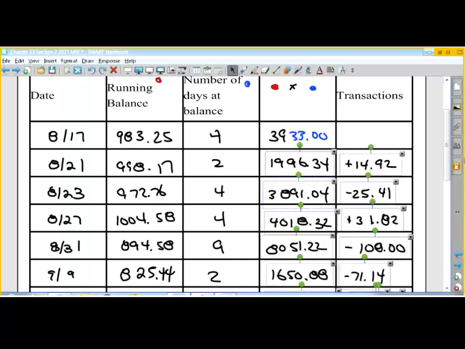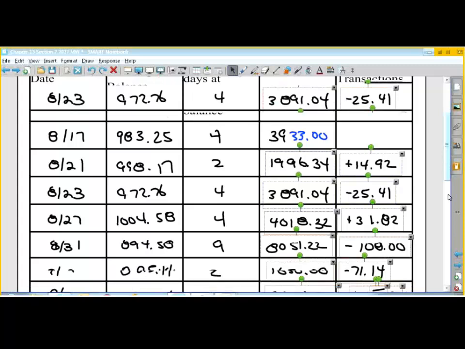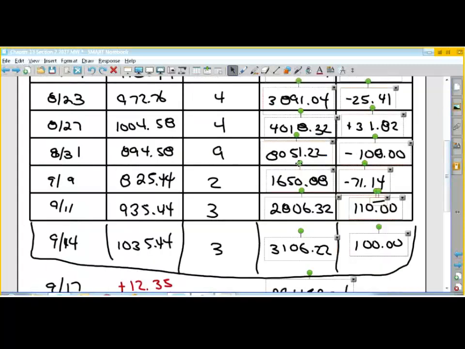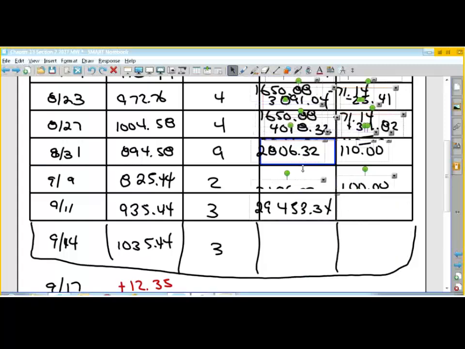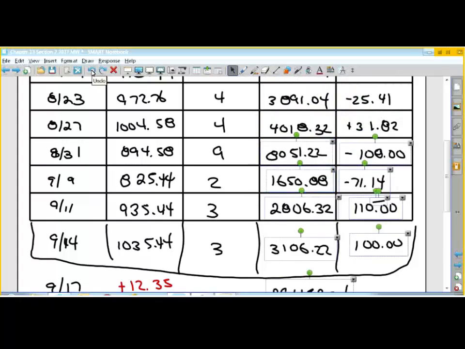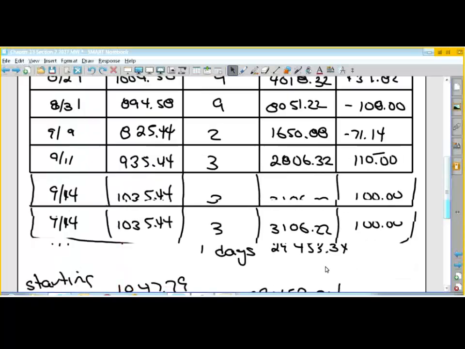Oh, I can't do that. Yeah, I need to just erase this row right here. Oops, that didn't work either. Okay, hold on a second.